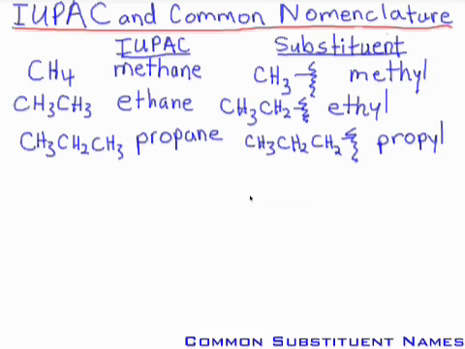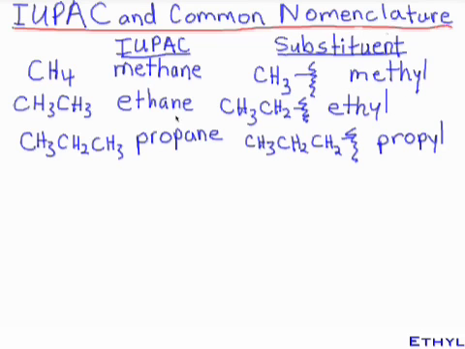For example, if I take methane and pull a hydrogen off methane and attach it to a chain, this big squiggle here is my chain. So if I pull hydrogen off, I get CH3, I attach it to a chain, I've made a substituent off a long chain. How do we name that substituent? Well, the rule is you take the IUPAC name, methane, replace the ane ending with yl. And then you've got, in this case, methyl.